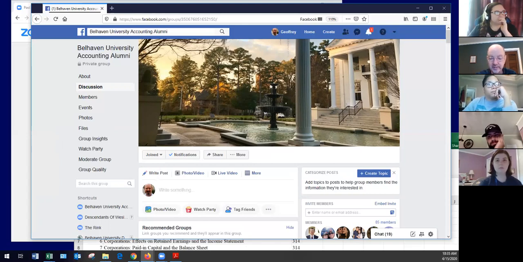Belhaven's in much better shape. Roger Parrott gave us a list that I didn't memorize of all the unusual things that happened at Belhaven just before this started that put us in a better position to survive this than most universities. But starting with, we'd been online a lot longer than most universities had and knew how to do it.